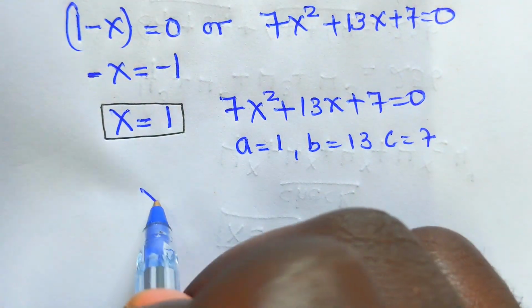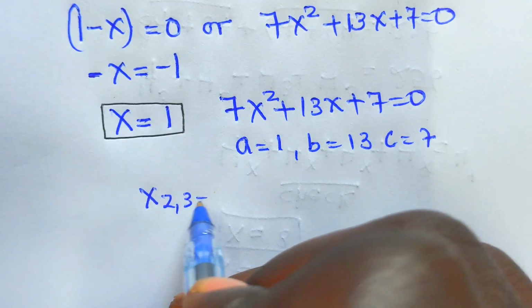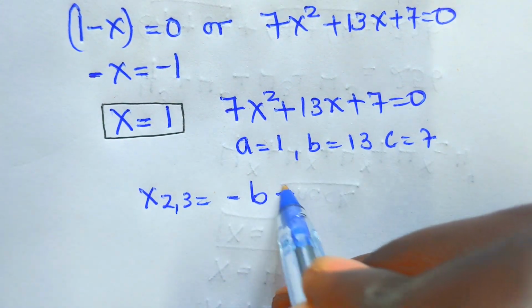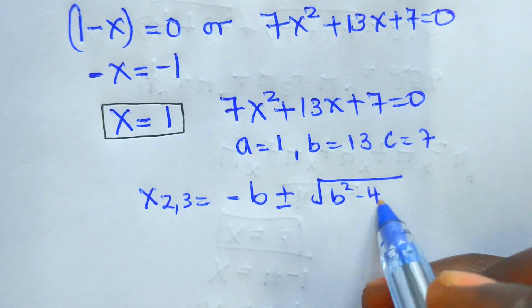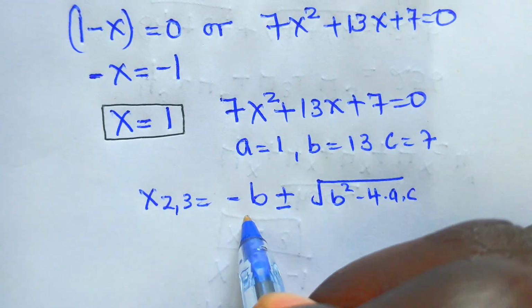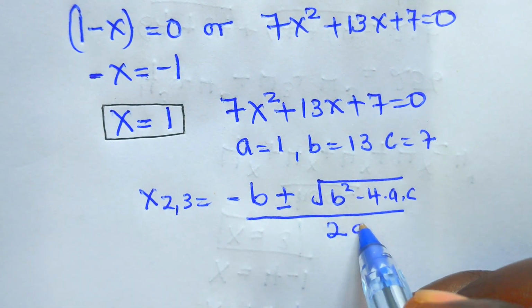So we have to find x2 and x3, which is negative b plus or minus the square root of b^2 - 4ac, over 2a.